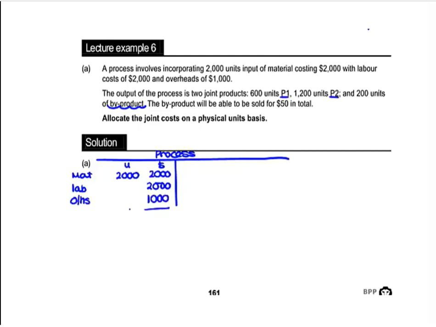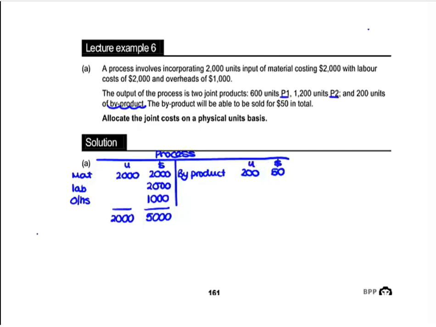So we've got total costs then of $5,000 for the 2,000 units. However, we have this byproduct and it does have a value. So we've got 200 units of byproduct of normal loss with a value of $50.